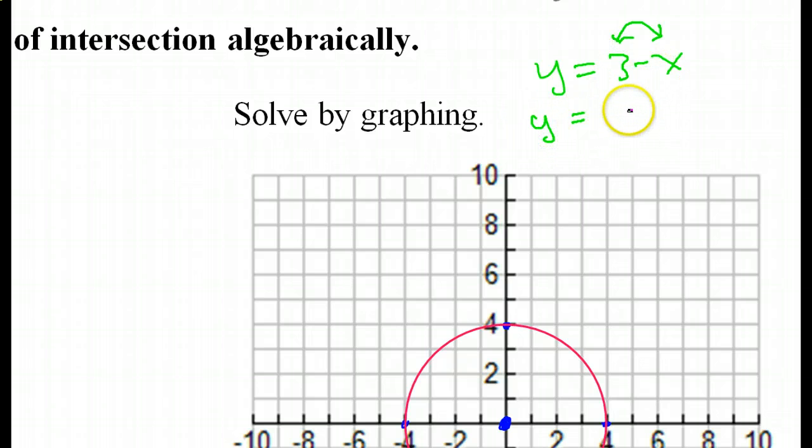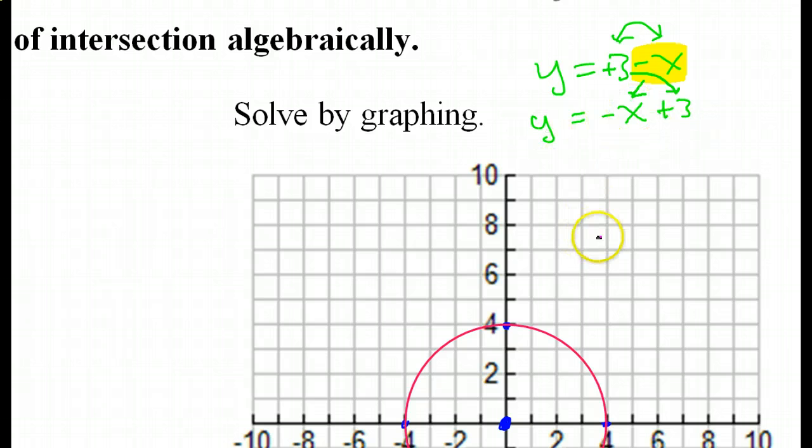So I could flip it around and make it negative x plus 3. Now, I didn't change any signs. Just understand that when you move this stuff, the negative sign goes with the x. And this 3 in front, it's positive. So when I switch these, the negative x goes here, and then the positive 3 goes there.